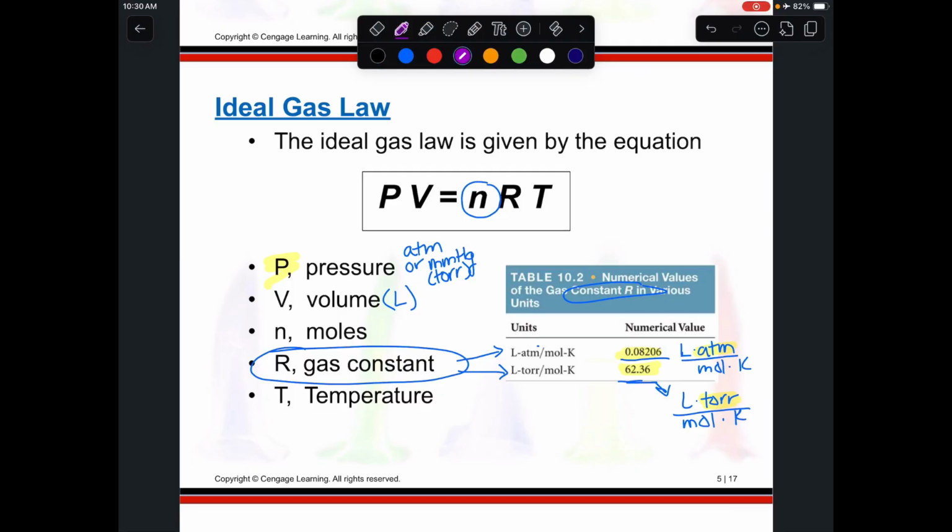Now, just a quick note, and you can go back and confirm this, but 1 millimeter of mercury is equal to 1 torr, so that is why this 62.36 R constant can also be used with millimeters of mercury. So you have to decide which one you're going to utilize depending on your pressure unit. And then T, we are fully aware, has to always be in Kelvin.